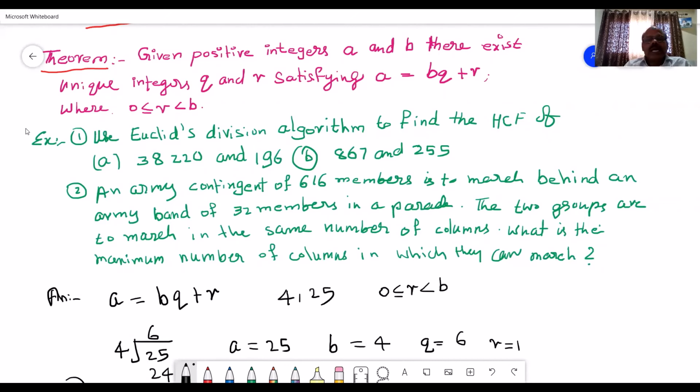Okay, so a band is there and 616 army soldiers are there, and a march will be taking place, and it asks how many columns they have to make. So here we have 616 and 32 as two numbers, and when we apply the Euclid lemma, then we will get the answer. Okay, so we will proceed here.